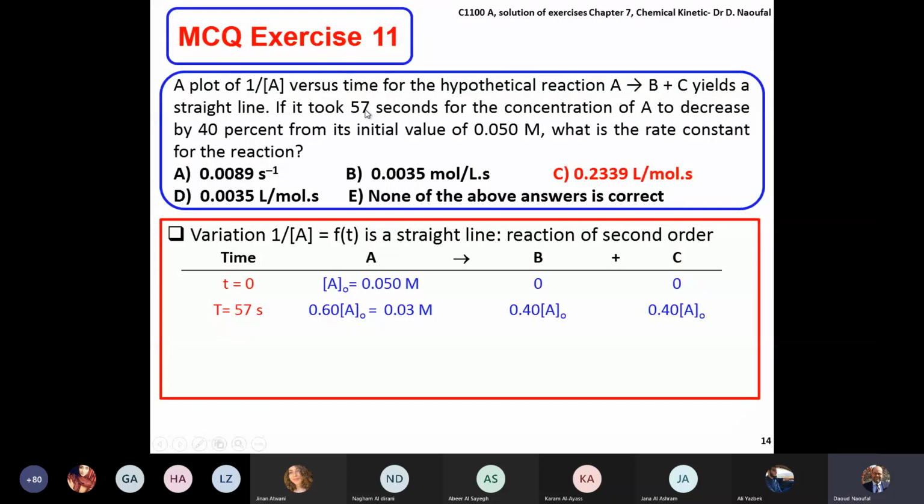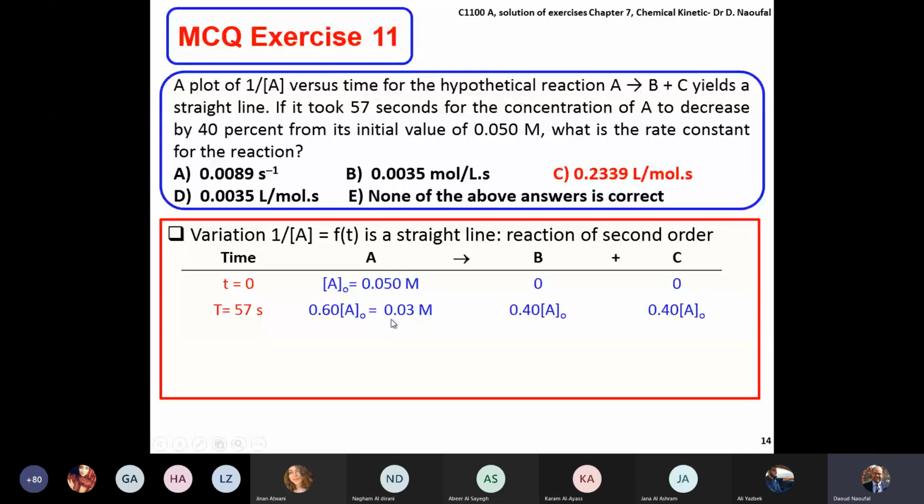After 57 seconds, A decreased by 40%. That means 40% of the initial A has reacted, which implies we have 60% of A0 remaining. So the concentration after t equals 57 is 60% of A0, so 0.6 times 0.05. So the concentration of A is equal to 0.03 molar.